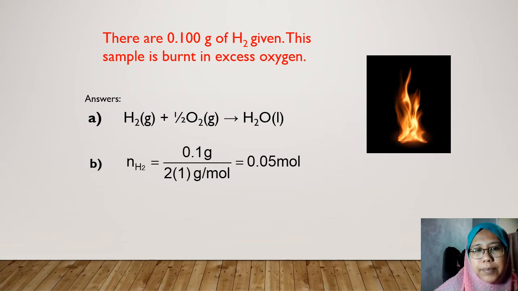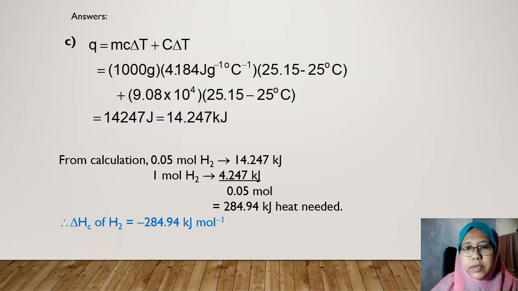This is the balanced equation, but it is not yet thermochemical because you need to find the delta Hc to put at the back of this equation. Okay, the next step is you find the number of mole of the hydrogen gas. So 0.1 divided by 2 grams per mole, you get 0.05 moles.